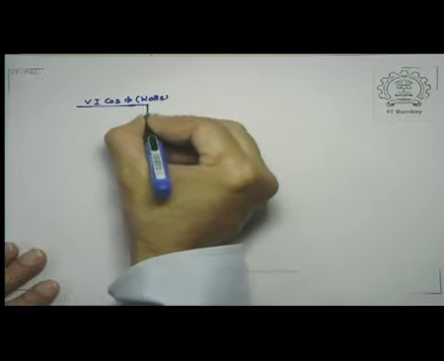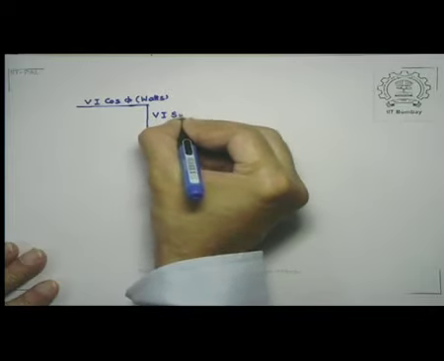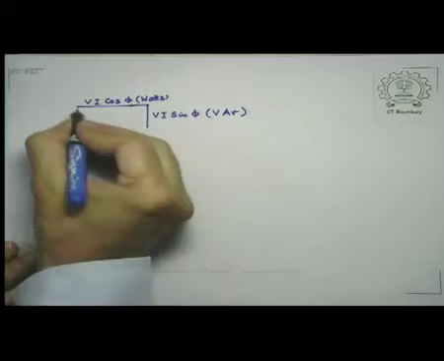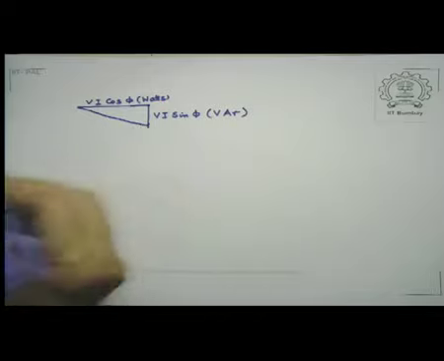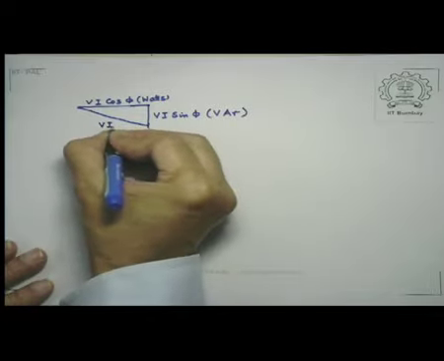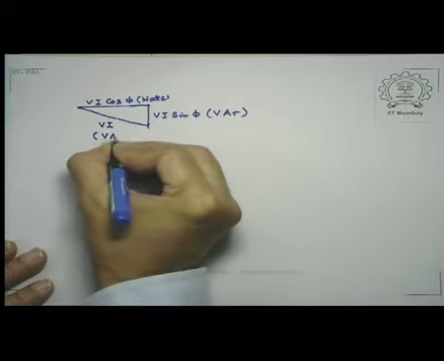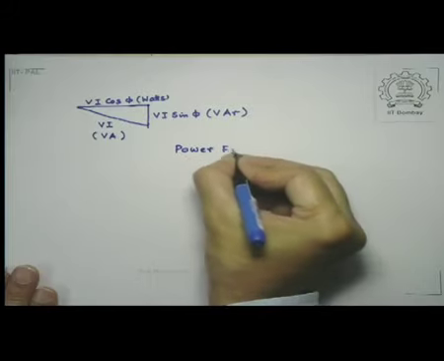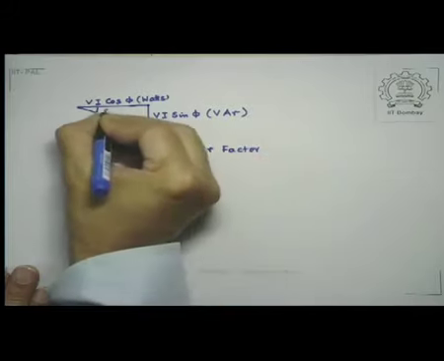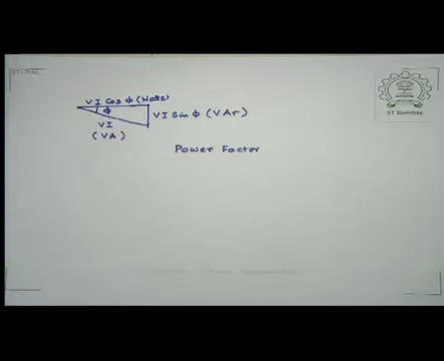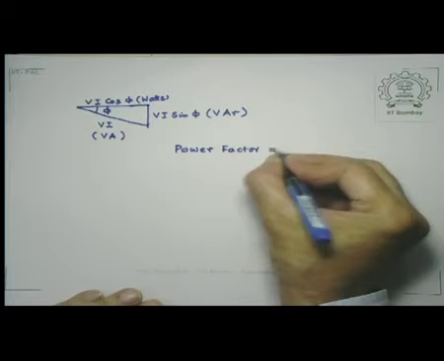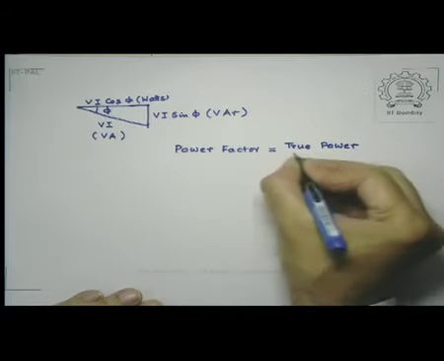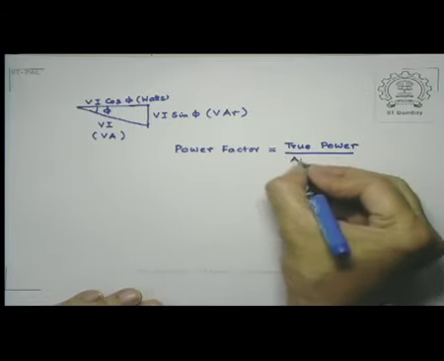The wattless component is here, V I sine phi, which is in VAR, and the apparent component is along the hypotenuse, which is simply equal to V times I, and this will be measured in volt ampere itself. And the power factor, recall that this angle is phi, is simply given by true power divided by the apparent power. That would be the cosine of the angle phi.